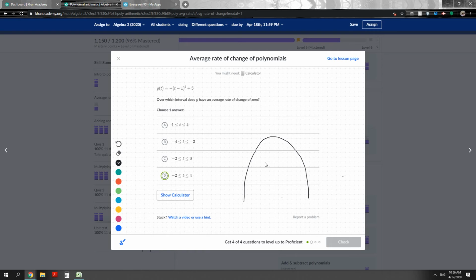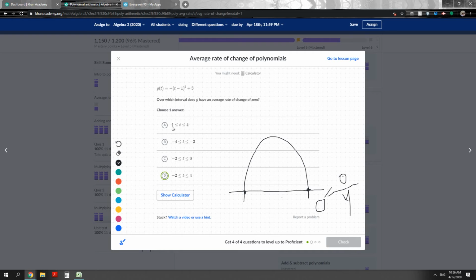Right, and there's some point where it's going to match over here and it's going to match over here. So my rate of change, my rise is 0. We don't even care what the run is, right? Whatever it is, this is just going to be 0. Take 0, divide it by something, you're just going to get 0 back. So we just have to plug in these numbers and see what happens.